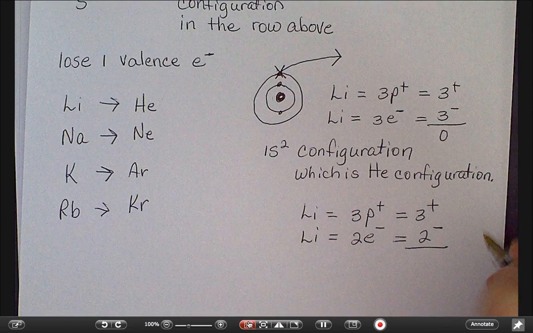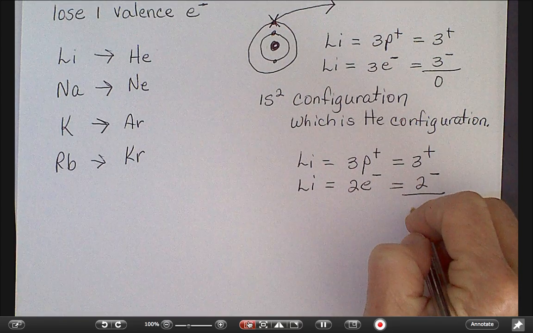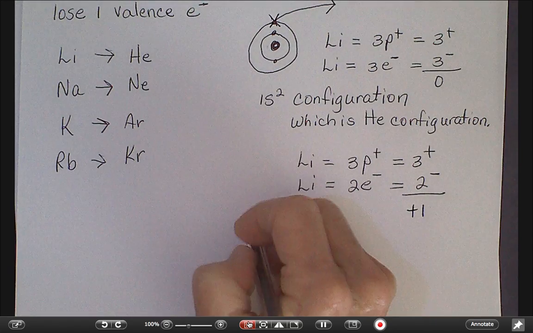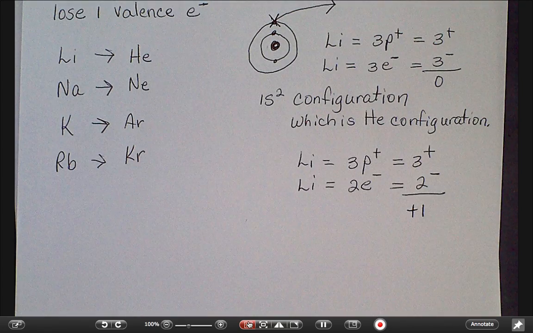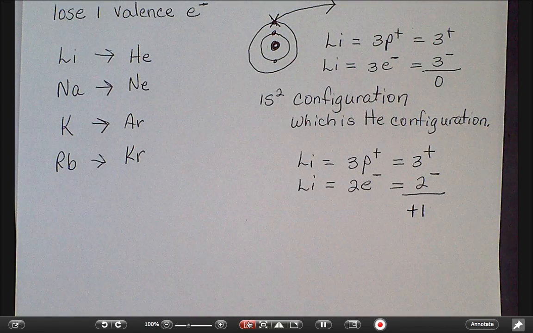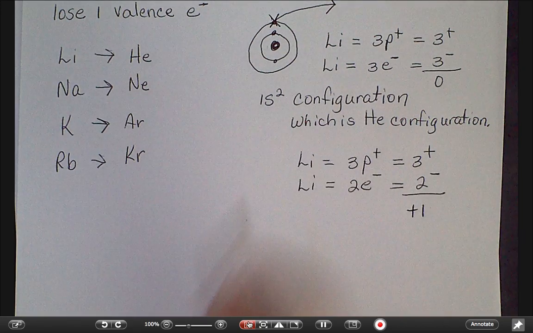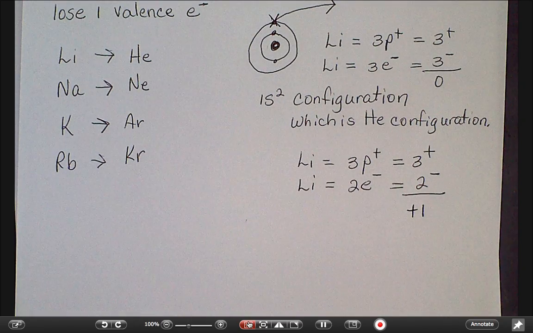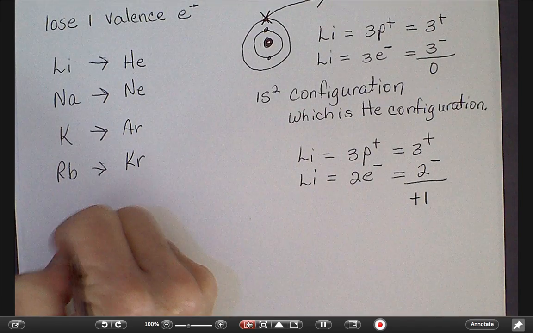And when you do your math, you come up with an ionic charge of +1. An ionic charge is the charge an atom will have once it has gained or lost electrons to become an ion.